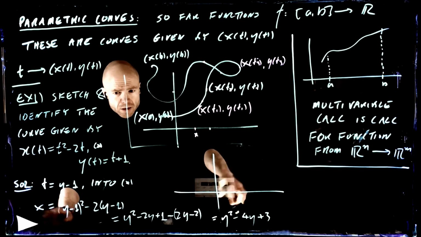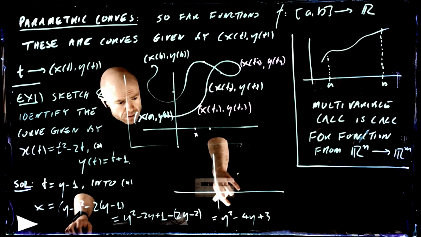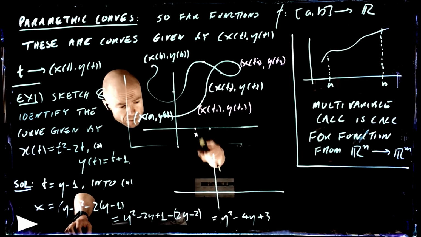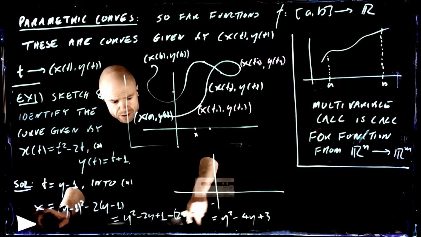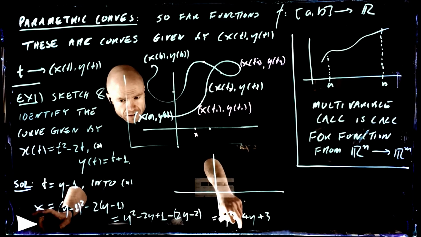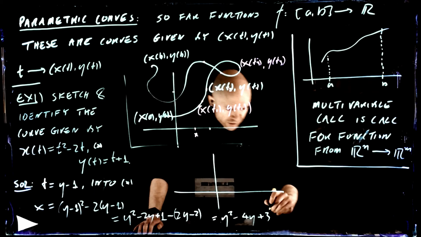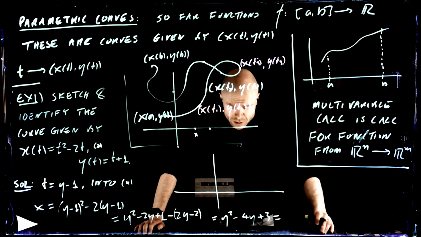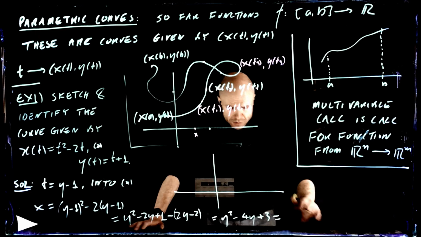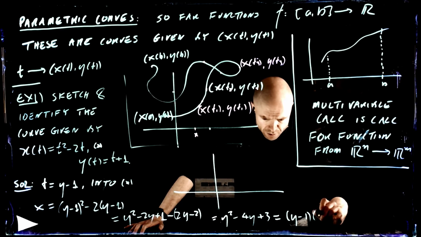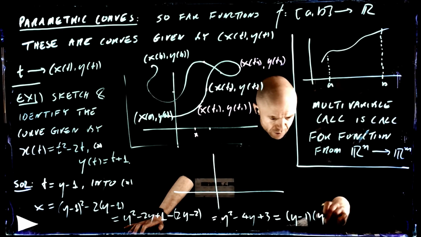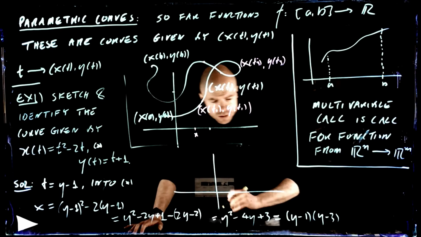So we have x, if we think of it now as a function of y, is a quadratic, right? We're thinking about the function as on the y-axis now, depending on the y variable. We have that x, as a function of y, looks like this, which is indeed a quadratic. In fact, it's a quadratic we can factorize. So this will be (y minus 1)(y minus 3), right? Cool.